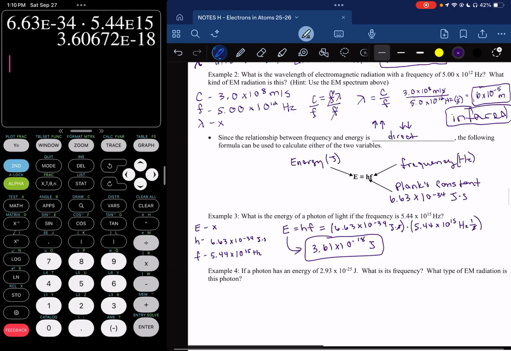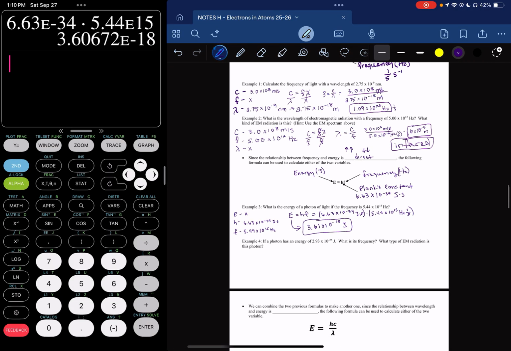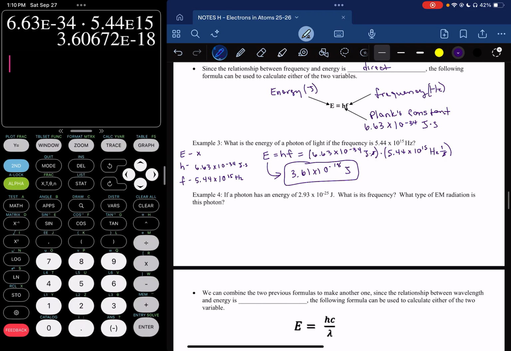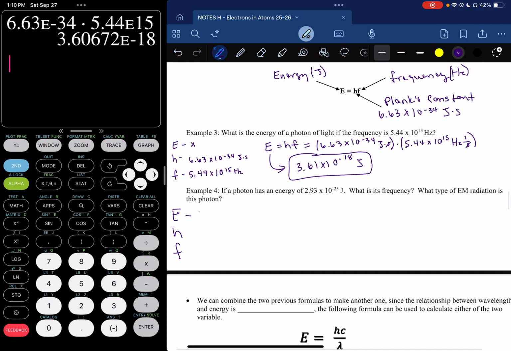Okay, all right, we'll do a little bit of another practice problem with that. It says if a photon has energy of 2.93 times 10 to the negative 25th joules, what is the frequency? And it's asking us what type of electromagnetic radiation this photon is. So if we know that E equals h times frequency, the energy now they're giving to us, which is different than the last problem.